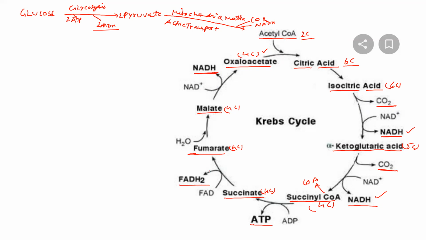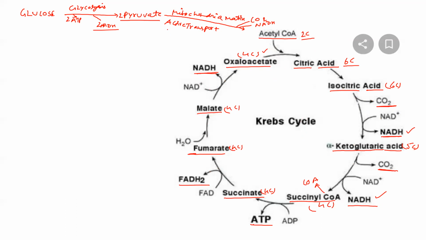Okay. So how many NADH are produced in this process? We know that through glycolysis 2 pyruvate are produced, so this cycle will go on 2 times and the number of products formed is also double.